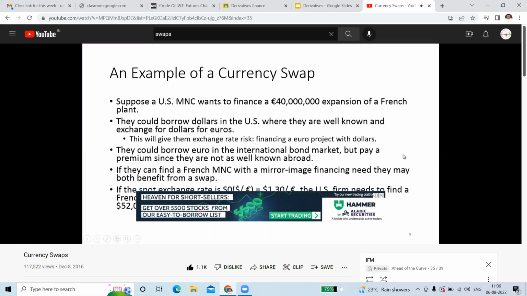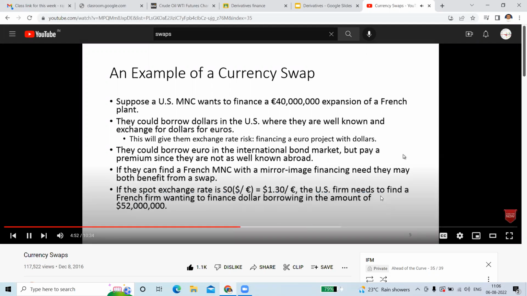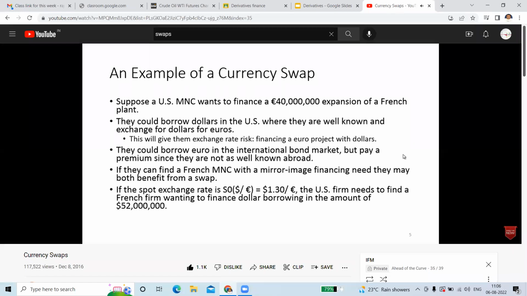All right, if they can find a French multinational corporation with mirror image financing needs, they may both benefit from a swap. So they find a French company that wants to borrow essentially the same amount of money but wants it in US dollars. So let's consider that the spot exchange rate is $1.30 per euro.